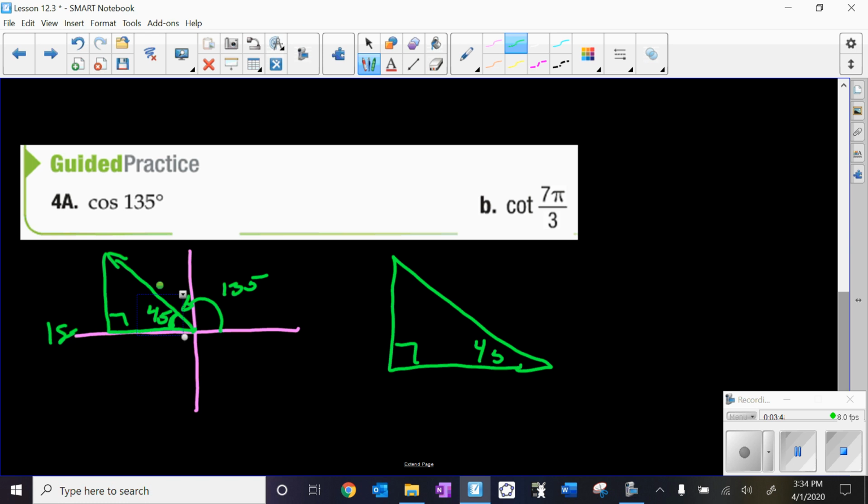Again, instead of using x, x, and x square root of 2, we're going to say it's 1, 1, square root of 2. So across from this 45 over here, since we went up, that's a positive 1. This one down here, since I'm going left from the origin, that's a negative 1. And the hypotenuse, again, is always positive because we're using the Pythagorean theorem, which gets us square root of 2.